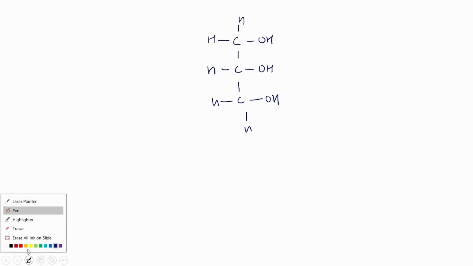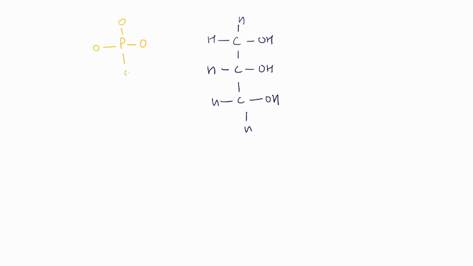If this is a glycerol, with OH groups. The phosphate present in the phospholipid is in the form of H3PO4, that means phosphoric acid, which is linked with a choline group.